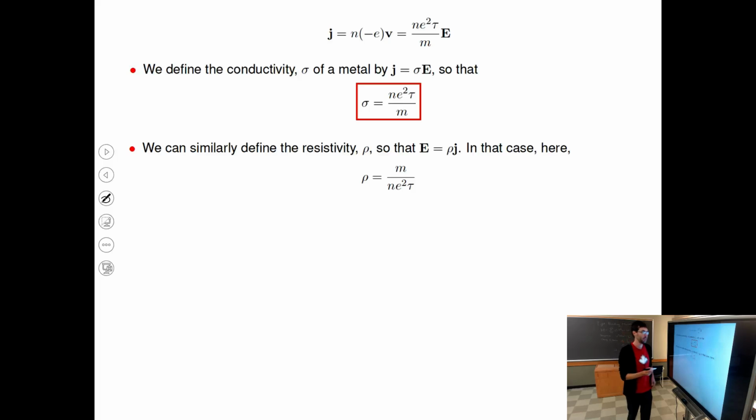Now, conductivity is written out again here. What does conductivity depend on? We can see that it depends on the density, electron charge, electron mass. So if we had some other particles magically in a solid, these things would change. And this phenomenological parameter tau.